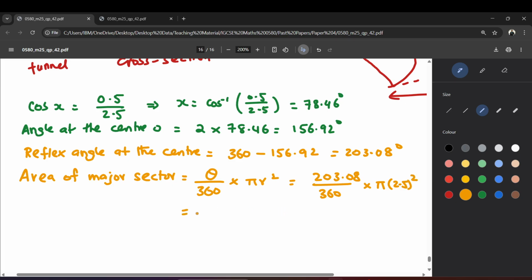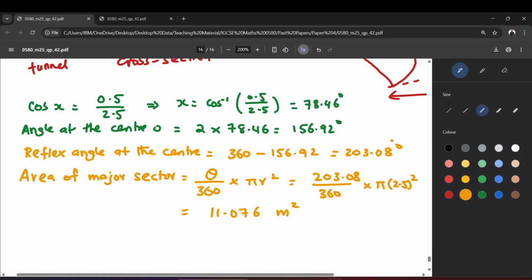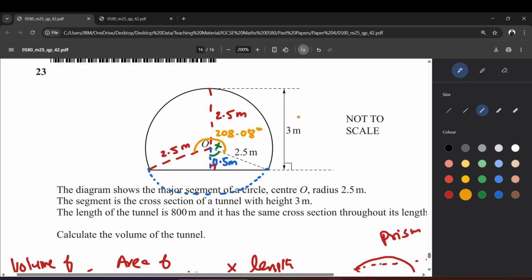So that would give us, all right, 11.076 meter square. Okay. Now, once we have worked this out, we are done with this portion, we have found this area.